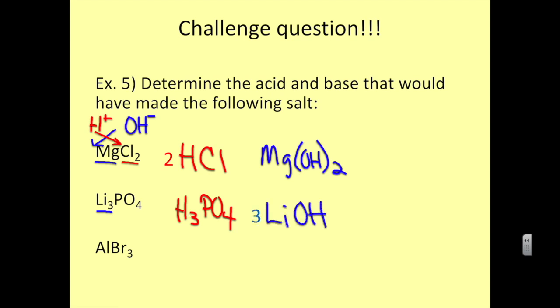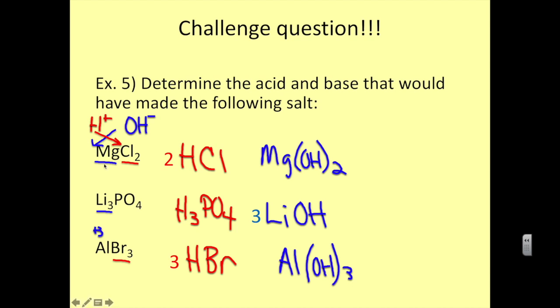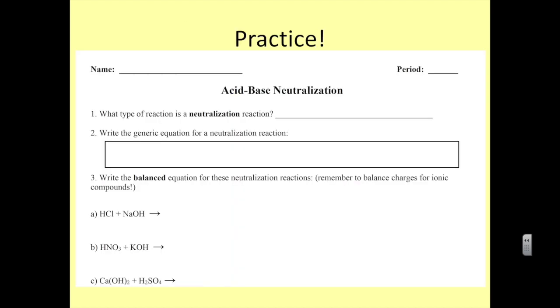And then for aluminum bromide, the parent acid would have been HBr, and the parent base would have been aluminum hydroxide. You'll have to stare at that to really try to make sense of it, but it does make sense if you try to work backwards from the previous neutralization reactions that we did.